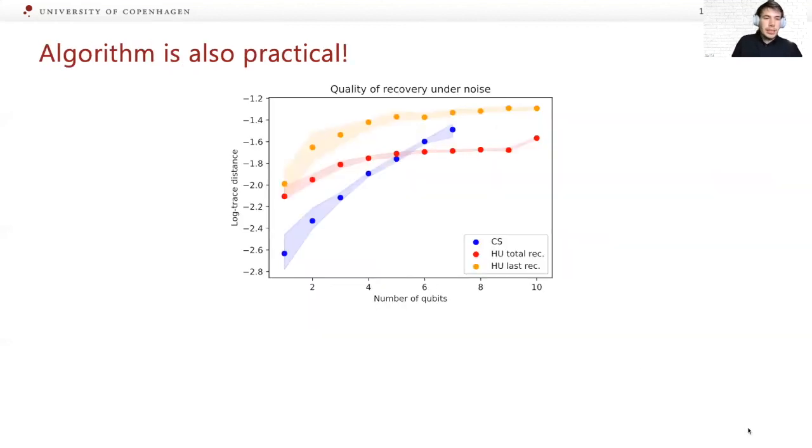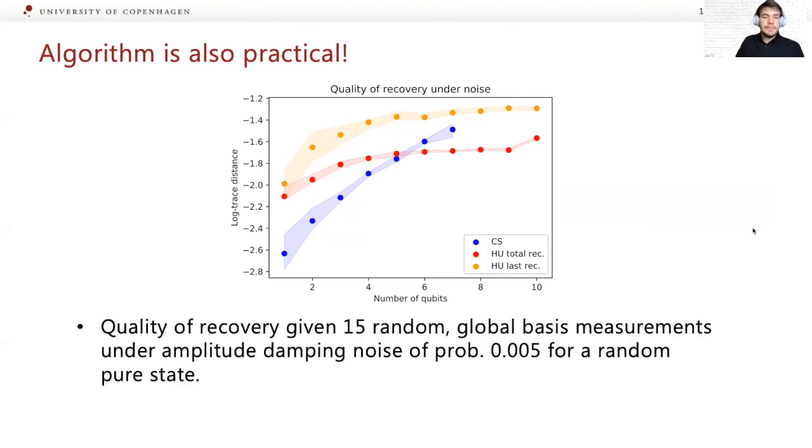And last but not least, I would like to mention that the algorithm is also practical. In particular, we saw in the first table that we beat all other proposals except for the scaling in accuracy. However, the scaling in accuracy is not really seen when we implemented this algorithm, in the sense that the number of basis measurements and so on didn't seem to scale too badly with the accuracy.